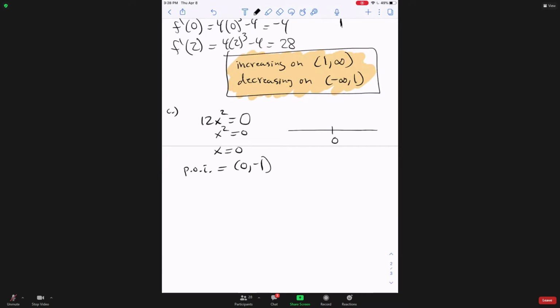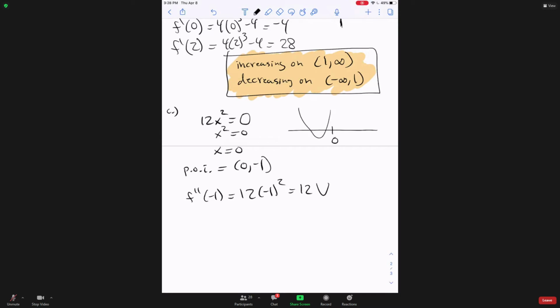Now, I want to answer the question of which interval is concave up and which interval is concave down. And while I'm answering that question, I will confirm whether it's a point of inflection. So let's plug in a value to the left of 0, like -1. 12 times 1 is positive 12, so it's concave up.